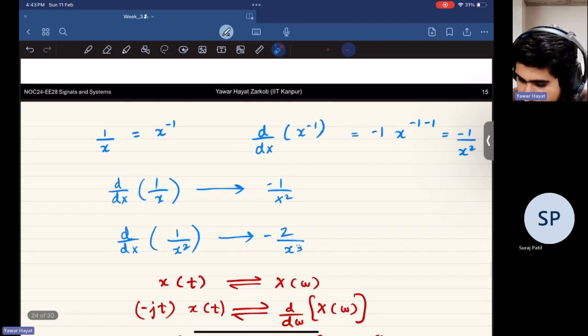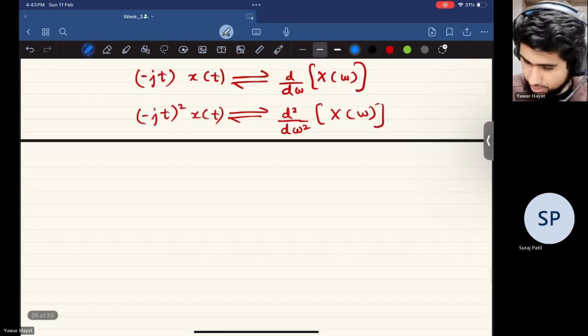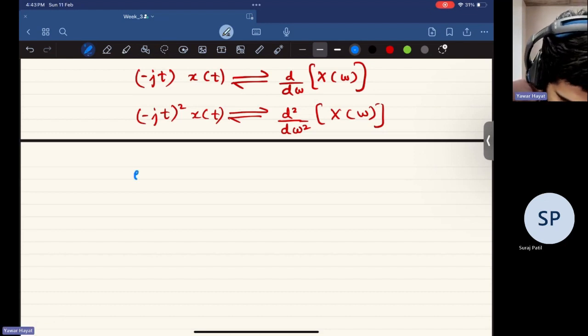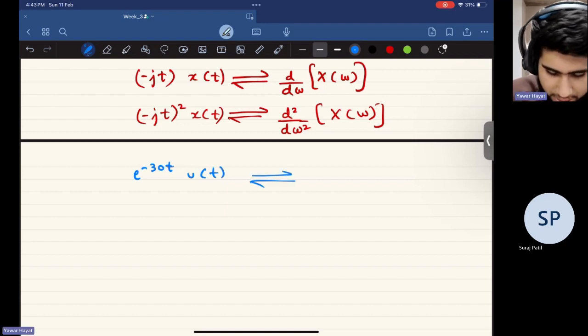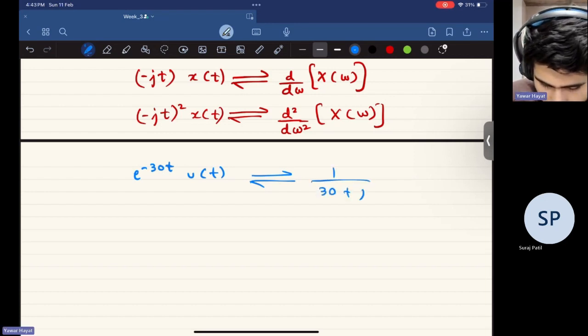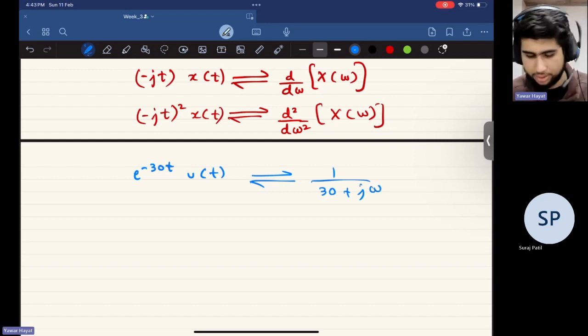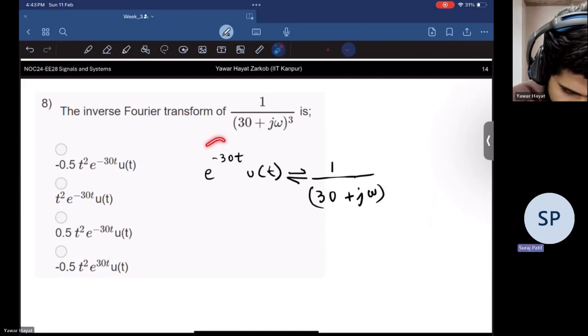Now I'll first write the result for which the answer is pretty straightforward. In fact, you answered that already. You agreed that the Fourier transform of e to the power minus 30t u of t would be 1 by 30 plus j omega, right?